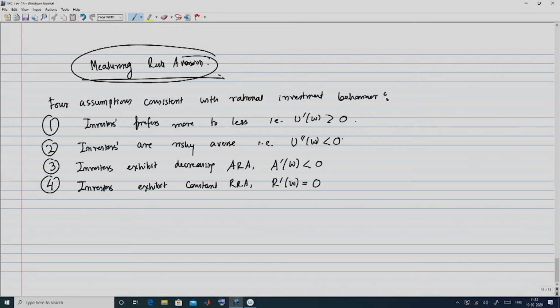So, these 4 properties, the first one is that a utility function is an increasing function. For a risk averse investor, u double prime is less than 0, and the third and fourth property pertain to the absolute risk aversion and relative risk aversion behavior in case of a rational investor.